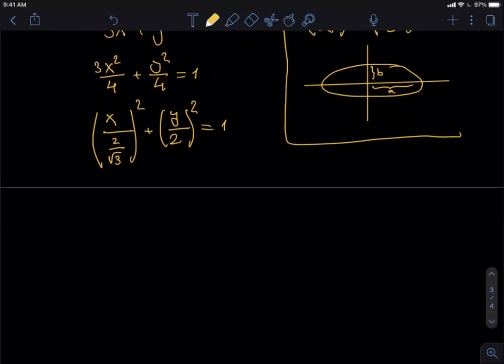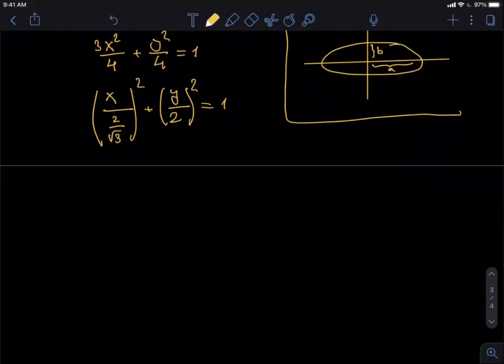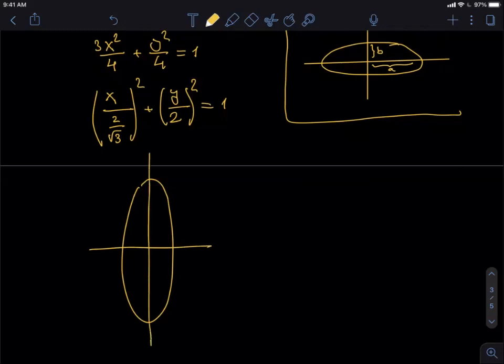So this means that our ellipse actually is not going to look horizontal, it's going to look vertical. It's going to look something like this. And we are going to have the y-axis that is 2 units long, and then the x-axis that is 2 divided by the square root of 3 units long.